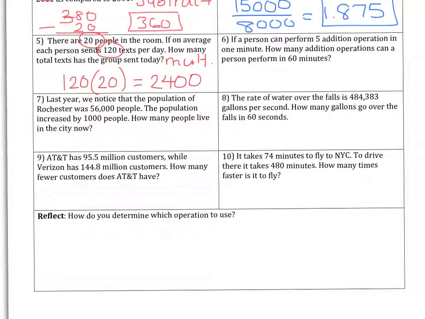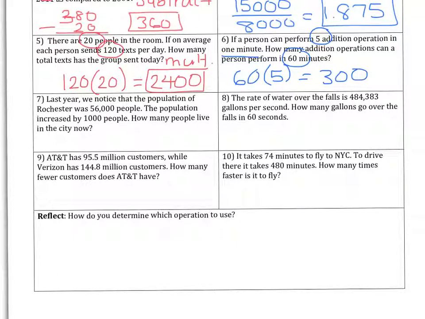Good. So that's 2,400 text messages. Okay, if a person can perform 5 addition operations in 1 minute, how many operations can a person perform in 60 minutes? You're going to multiply 60 times 5. You're going to get 300.